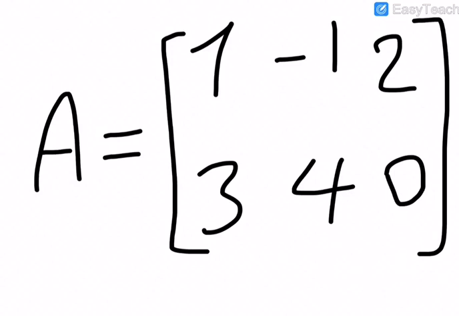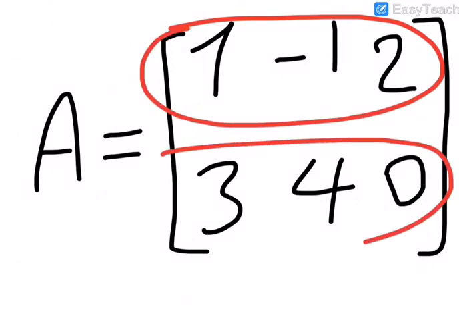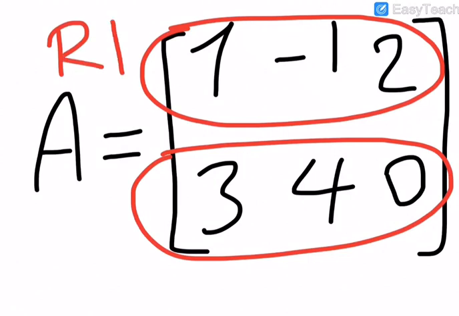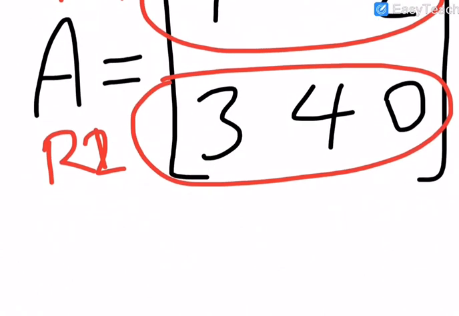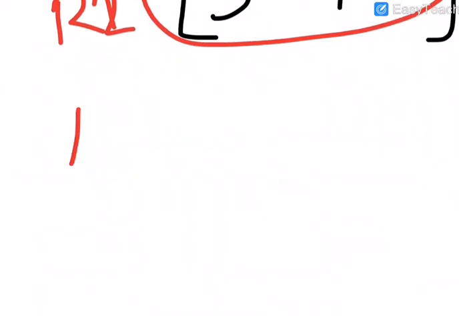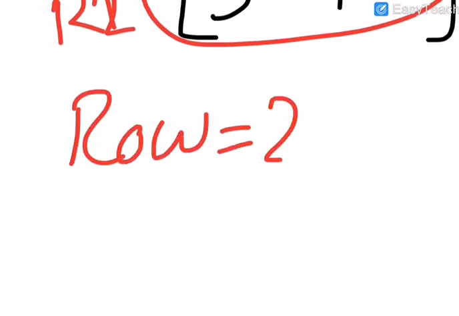An important thing we need to learn here is the size, or the order, of a matrix. How do we say what the size and order of a matrix is? Let's look at this matrix A. It has one row here and another row here. A row is a horizontal arrangement of numbers. So this is row 1, row 2. How many rows? This has 2, so A has 2 rows.